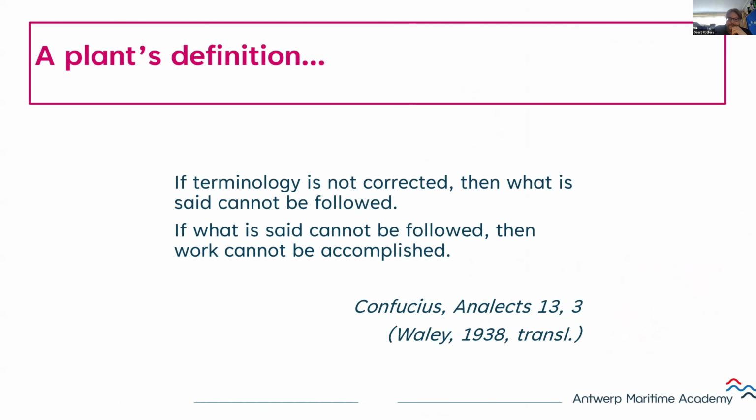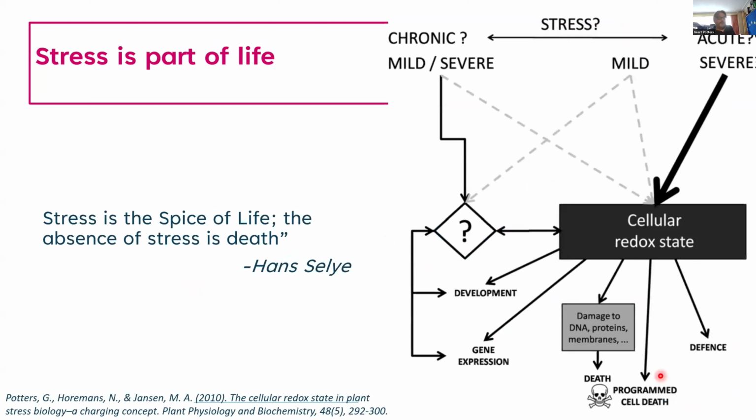So let's go to a more plant-based definition now. And I think you will all agree with me that Confucius made a very valid point when he said you have to use the proper terms and you have to define them properly. Otherwise, you do not understand what is meant or you do not observe what is meant actually. So we came up with this.